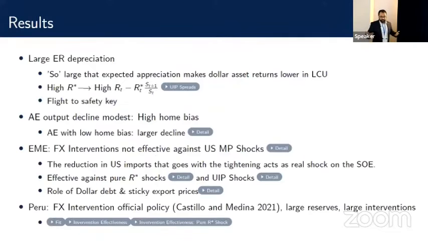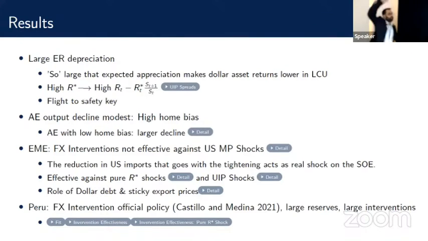So overall, in brief summary of our results, we observe large exchange rate depreciations, and our model can match that. And actually, this exchange rate depreciation is so large that the anticipated appreciation that follows implies that the dollar returns are lower. To us, this was a little bit paradoxical.